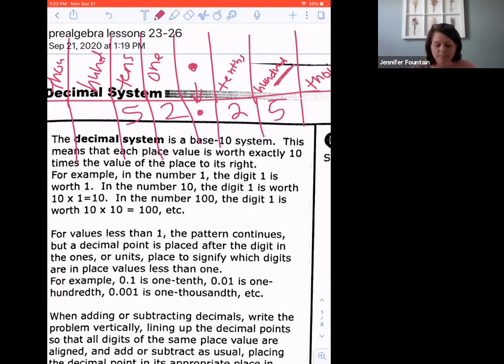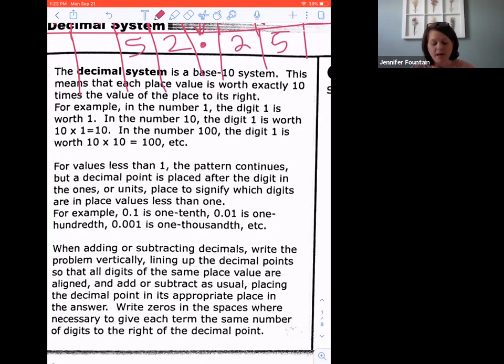For example, in the number 1, the digit 1 is worth 1. In the number 10, the digit 1 is worth 10. In the number 100, the digit 1 is worth 100. For values less than 1, the pattern continues, but the decimal point is placed after the digit in the ones or units place to signify which digits are in place values less than 1.